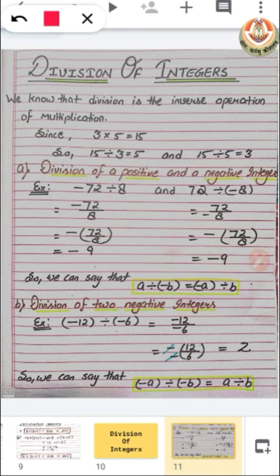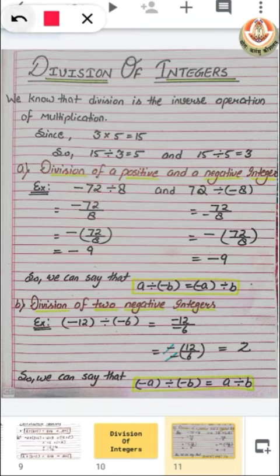So when we divide 72 by 8, we take out minus as common, and then it becomes simple whole number division. So 72 divided by 8 gives 9, and we have minus already here, which we had taken as common before. So that means when we divide a negative integer by a positive integer, we get a negative integer.